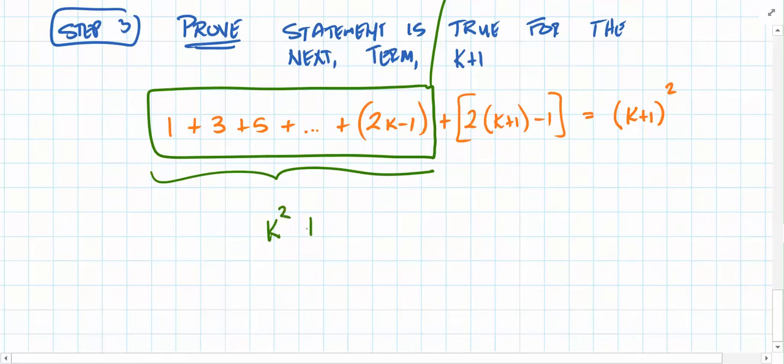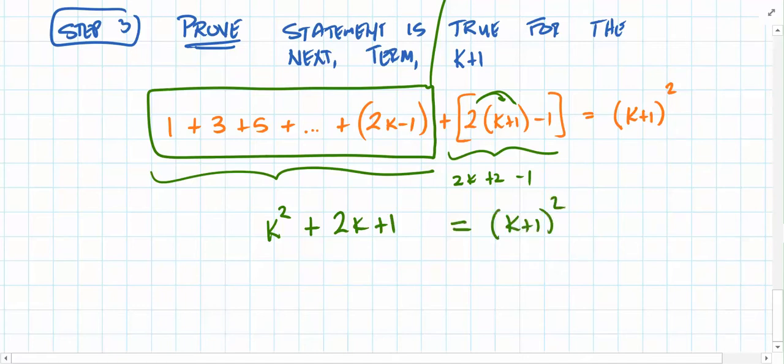Good. Then I need to take care of this piece, so let's clean it up here. This is going to be 2k plus 2, and then I have a minus 1. So what's 2k plus 2 minus 1, you guys? 2k plus 1. Okay, so I have plus 2k plus 1. And I'm trying to show that that equals this part over here, k plus 1 squared.